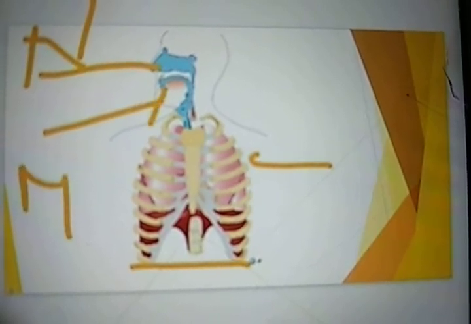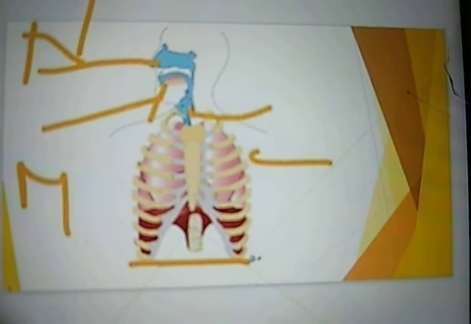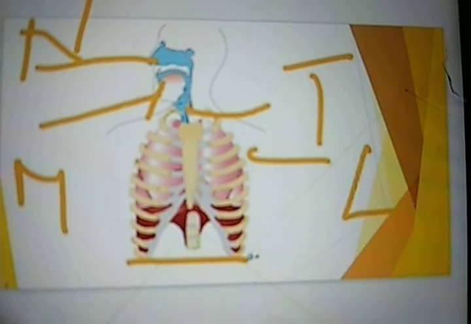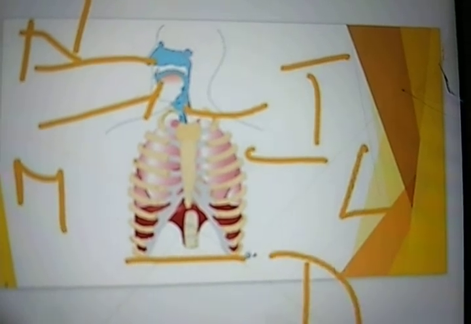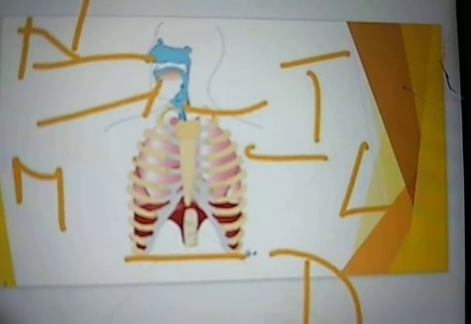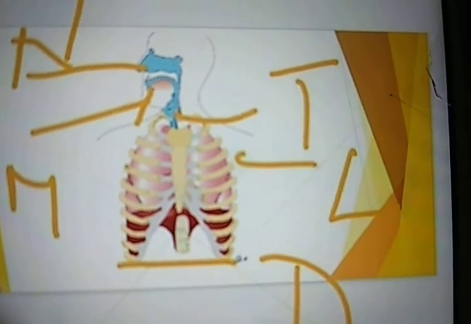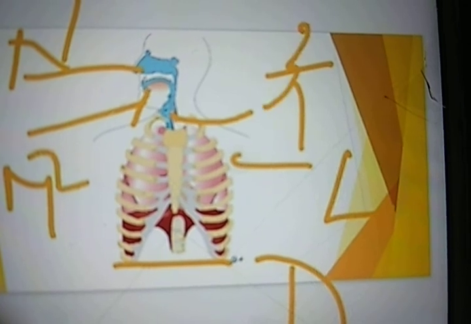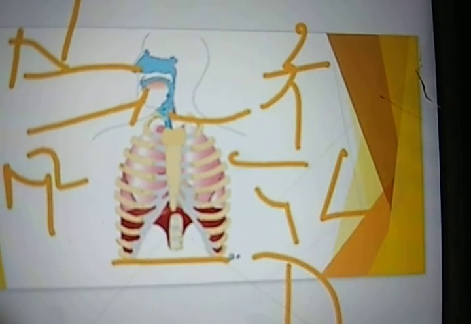In between you have the trachea, here you have the lungs, and down here is the diaphragm. I hope you all got the labeling of the respiratory system. In the exam it will be given as 3, 4, and you will be asked what is number 1, what is number 2, and what is number 3, and they may ask which part is what.